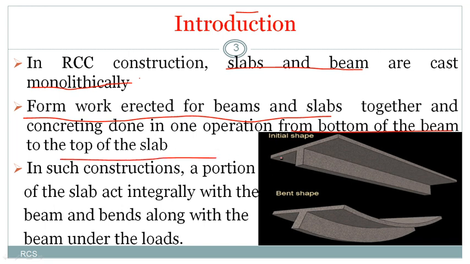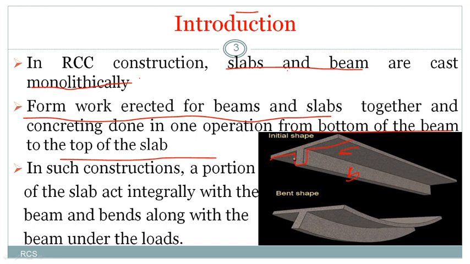Let us take an example here. Here I have a beam, and this is a slab. If you see the figure, these two are cast at the same time, so I can call it a monolithic construction. How is it cast? First we have a formwork in this shape.